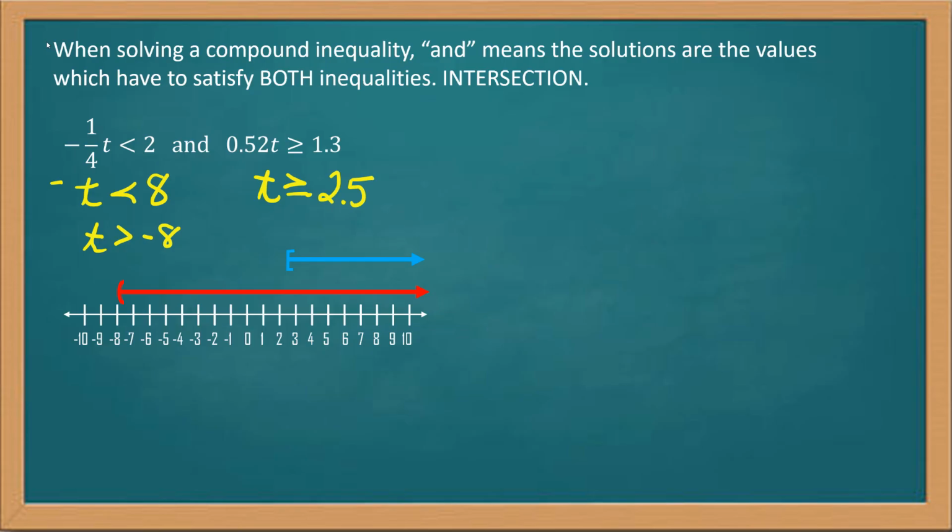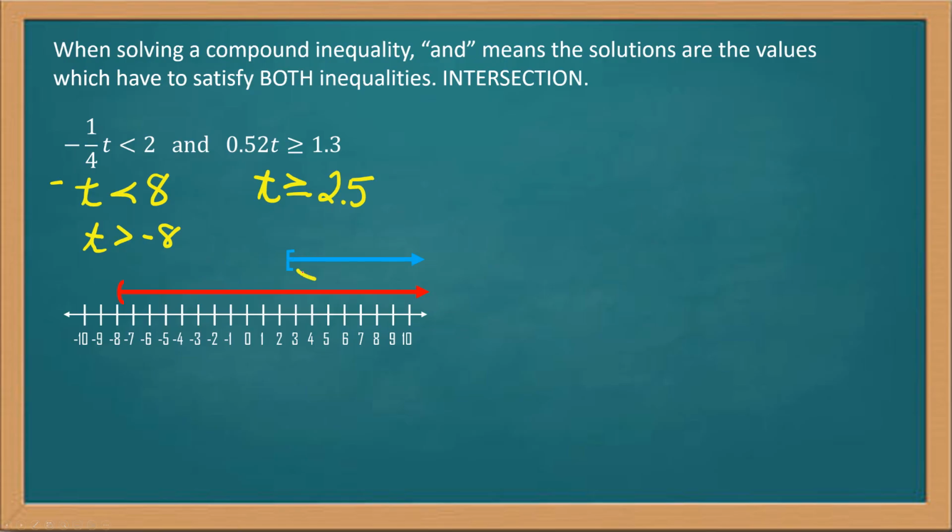So if you look at this, you've got all this area over here that doesn't work in both equations. The numbers over here, like -5, -3, they do work in the t greater than -8 inequality, but they don't work in the t greater than or equal to 2.5. You're looking for the values that work in both equations, and those are going to be these values.